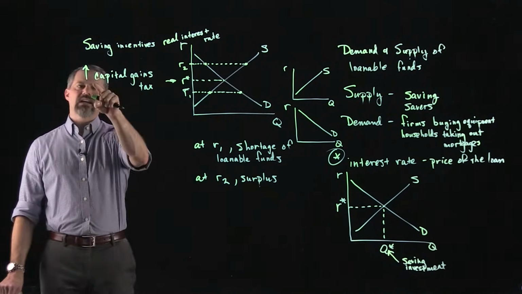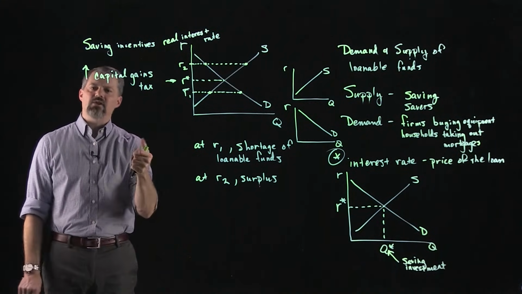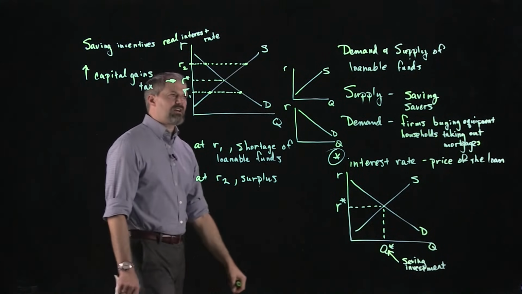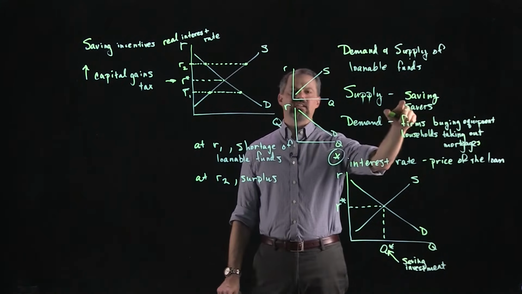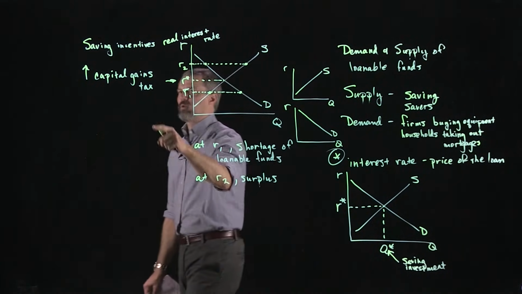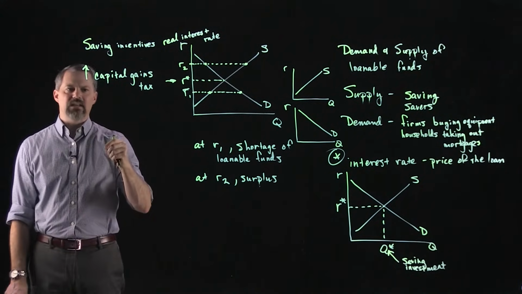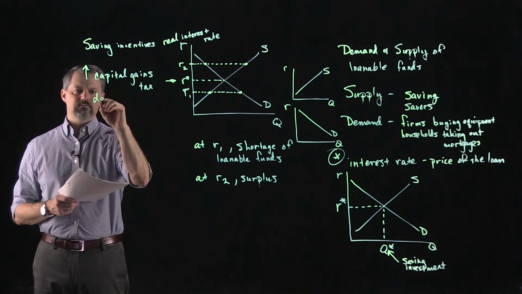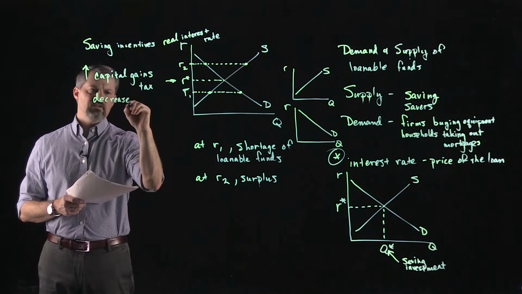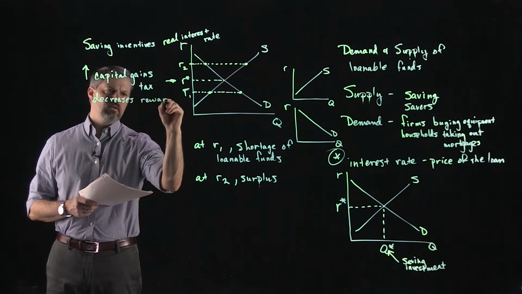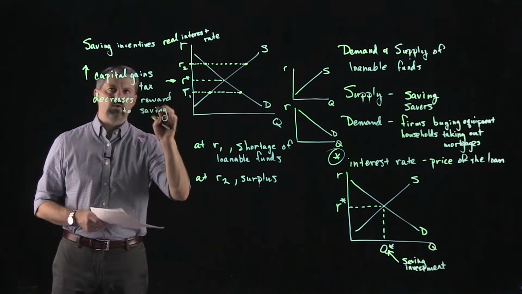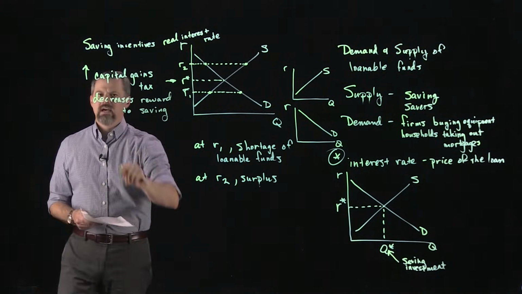And let's suppose that they increase the capital gains tax. So they take a bigger chunk of the interest income that you earn. Now clearly that's going to decrease the incentive to save. So if we have an increase in the capital gains tax, then that decreases the reward to saving.